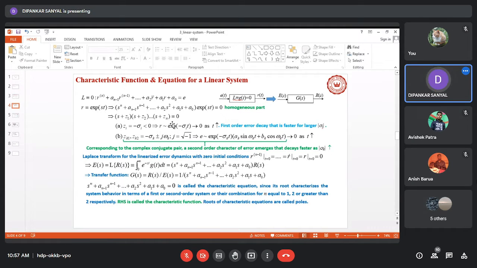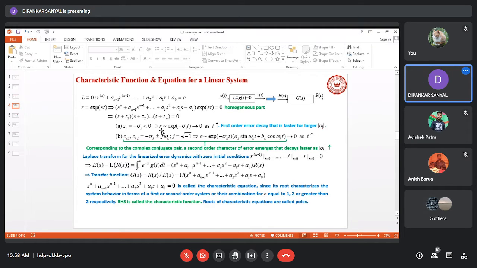the response R will keep on decaying with time. The higher the absolute value of sigma, of course it must remain negative, the faster will be the decay.